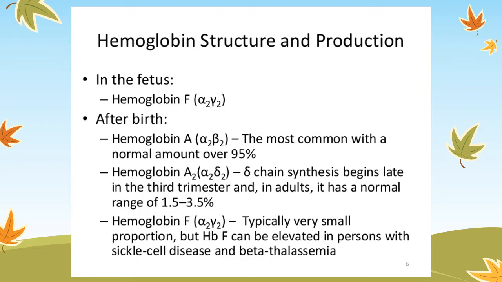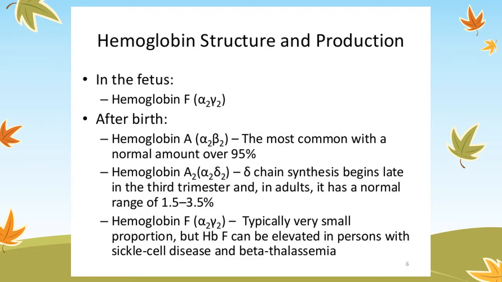A small minority is hemoglobin type A2 with delta chains. Delta chain synthesis begins late in the third trimester, and in adults it has a normal range of about 1.5% to 3.5%. So not much, but the majority of the hemoglobin will be type A, because this is the most stable compound to carry oxygen.